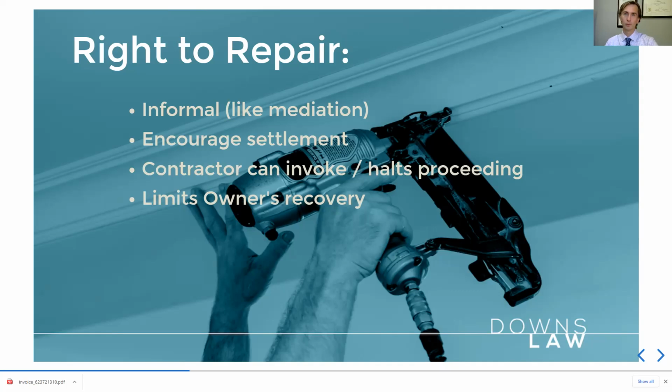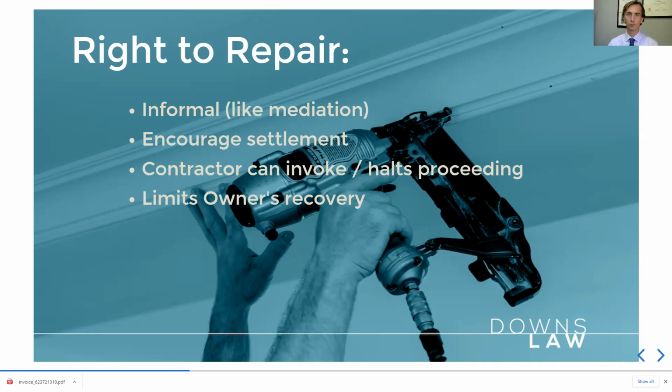The other thing it does is it limits an owner's recovery. So if the owner rejects your proposed settlement, so let's say you propose a repair, to say foundation repair or something, the owner rejects that proposal and then wants to proceed with the lawsuit anyway.